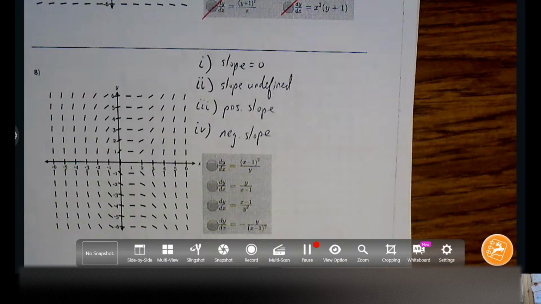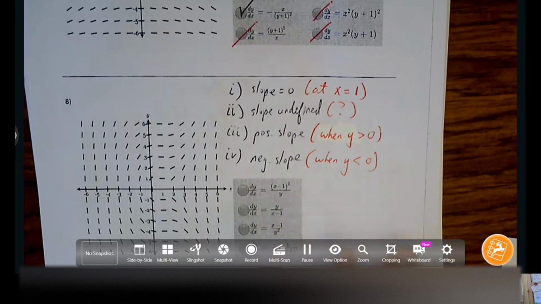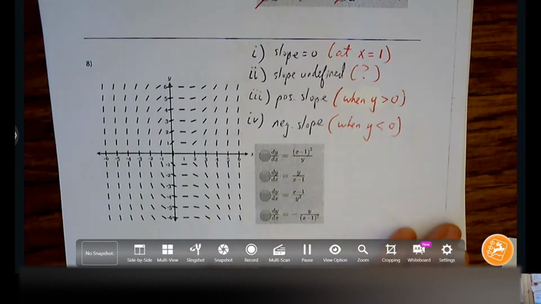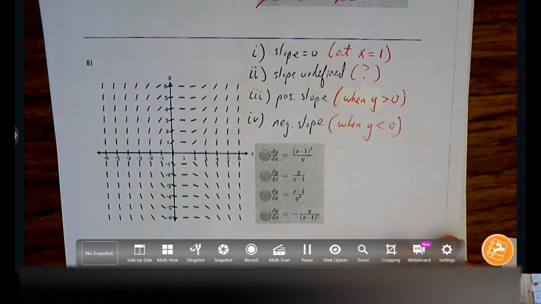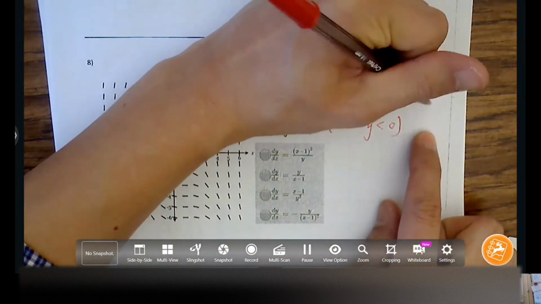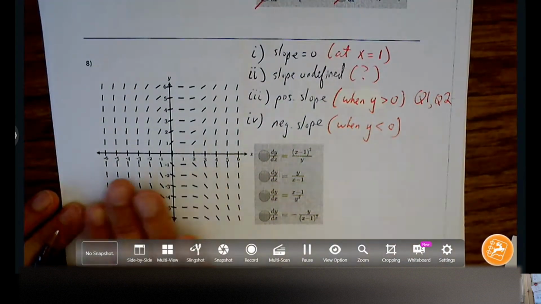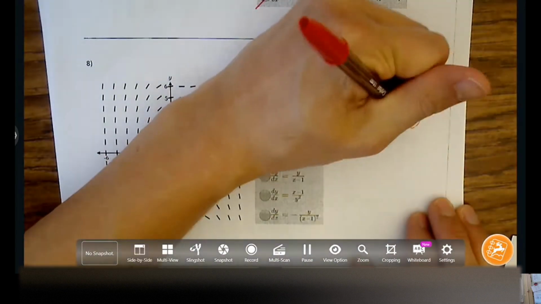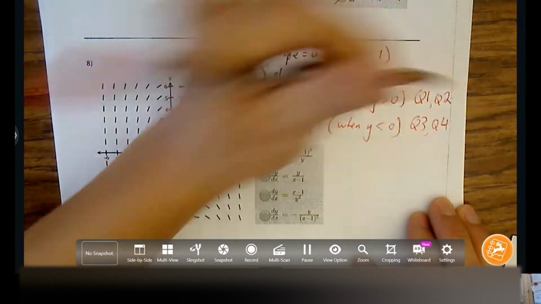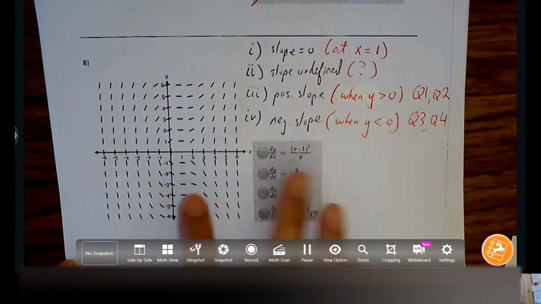Yeah, I think that's what I was looking at as well. I think that dividing line of the x-axis is really separating the positive and negative slopes. So positive slopes, quadrant 1 and quadrant 2, like what you were saying. Negative slope, quadrant 3 and 4. Slope undefined, I didn't really know.